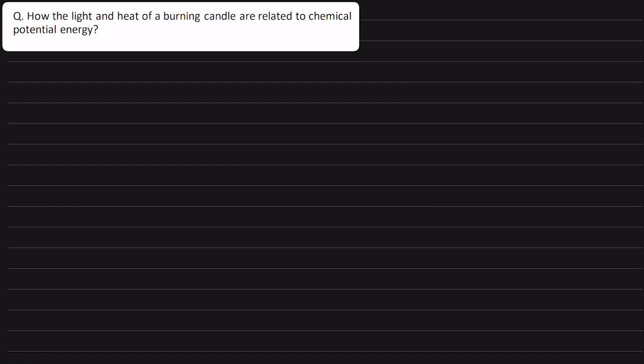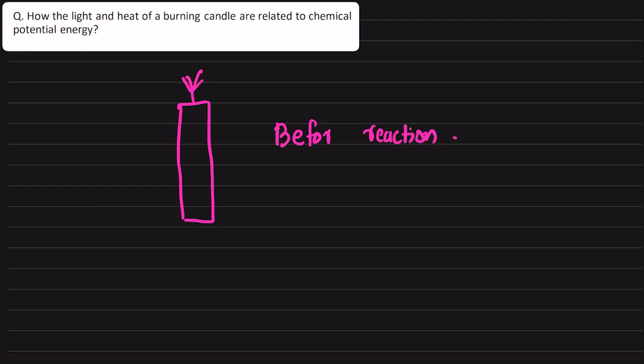Now the next question: how are the light and heat of a burning candle related to chemical potential energy? This is the burning candle. Before the reaction, it has potential energy, right? The potential energy is stored.